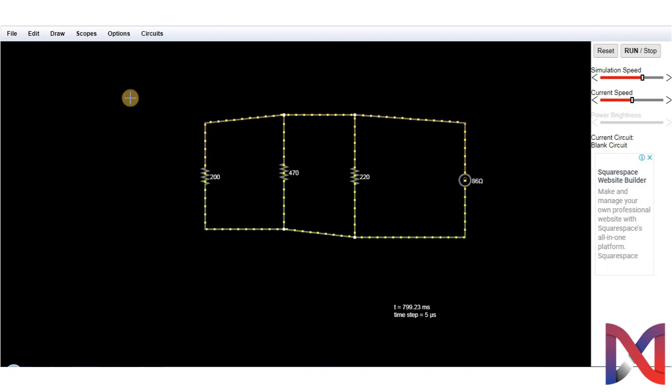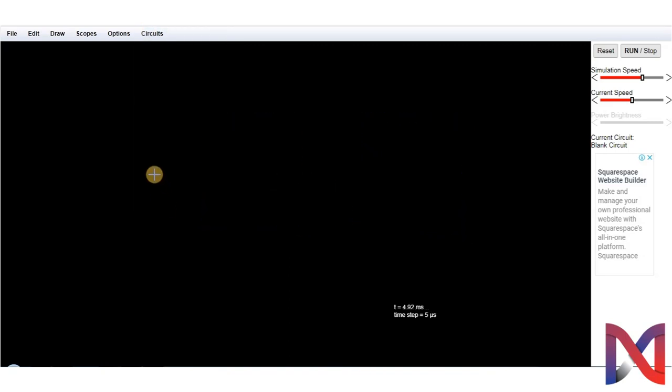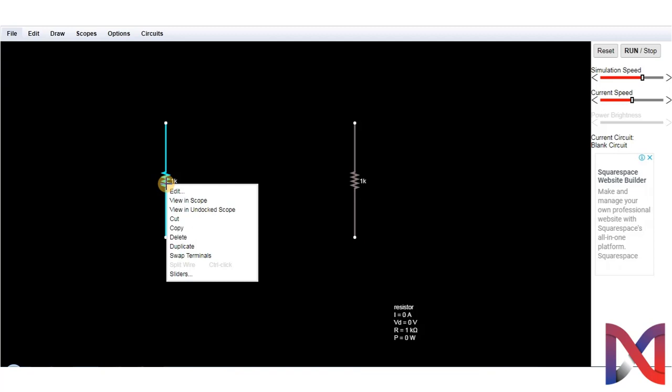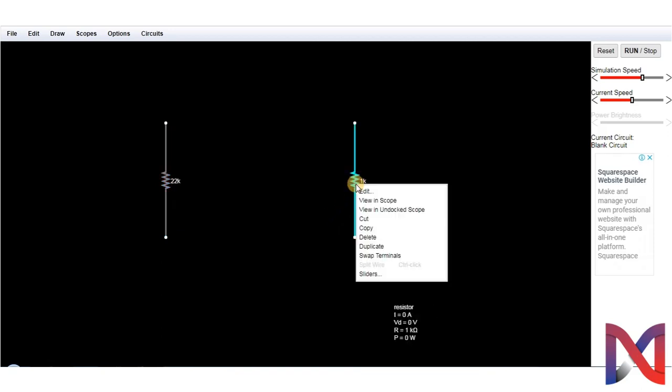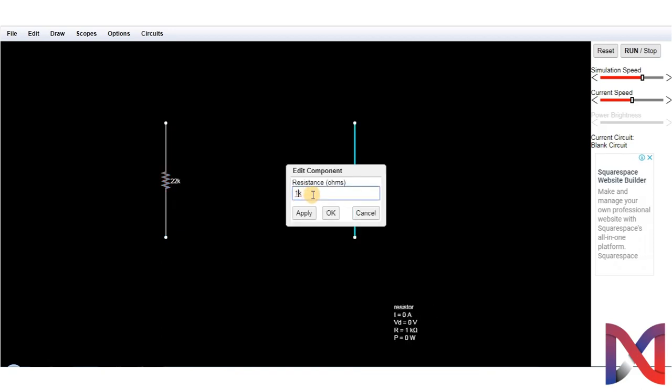Now we will move to our second example of parallel circuits. We will make it blank again. We will place two resistors. The first resistor was of 22 kilo ohm. And the second resistor was of 47 kilo ohm.